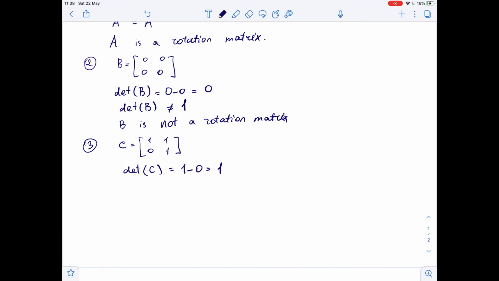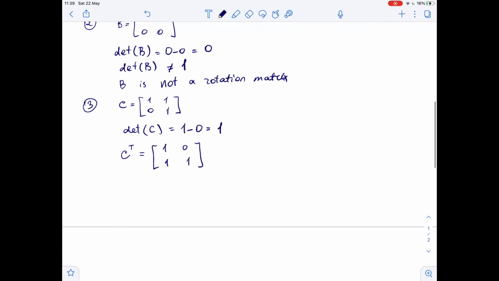And now we will look at the transpose of matrix C. The transpose of matrix C is equal to 1, 1, 0, 1. And now we will find the inverse of matrix C. This is equal to 1 over 1 times 1, here we will have minus 1, here we will have 0 and 1. So our result is 1, negative 1, 0, 1.